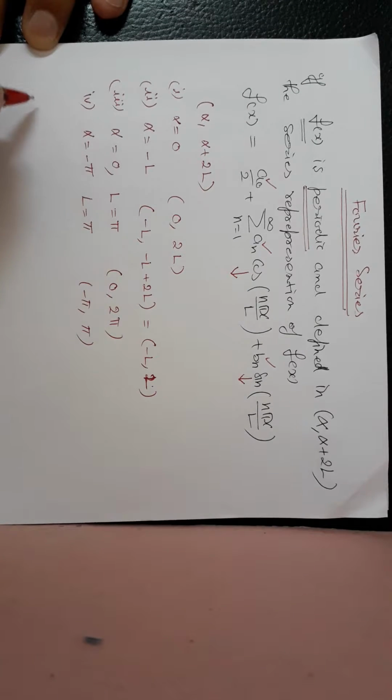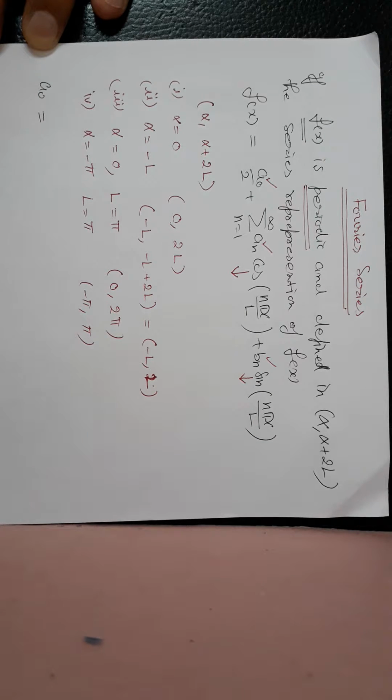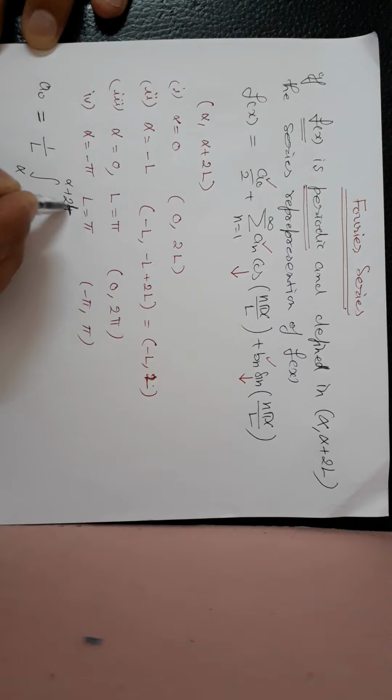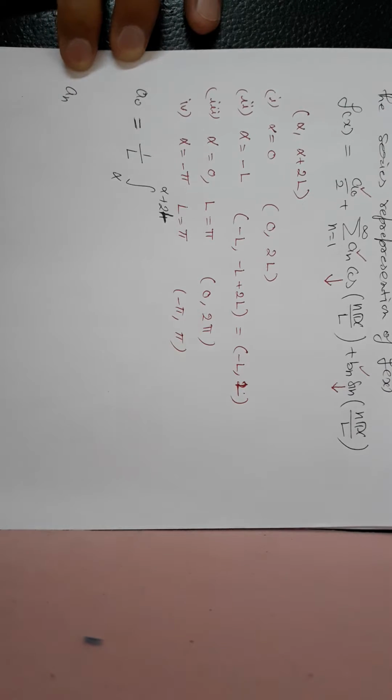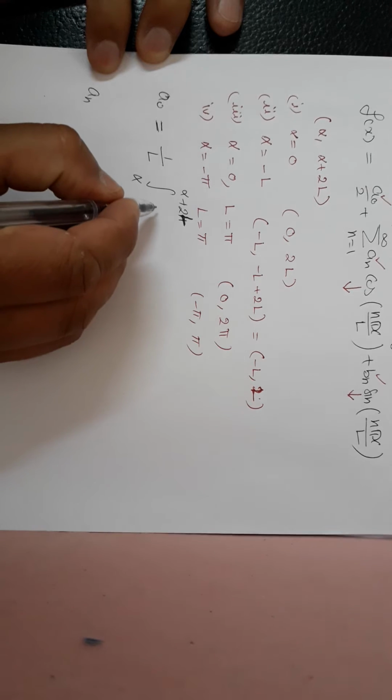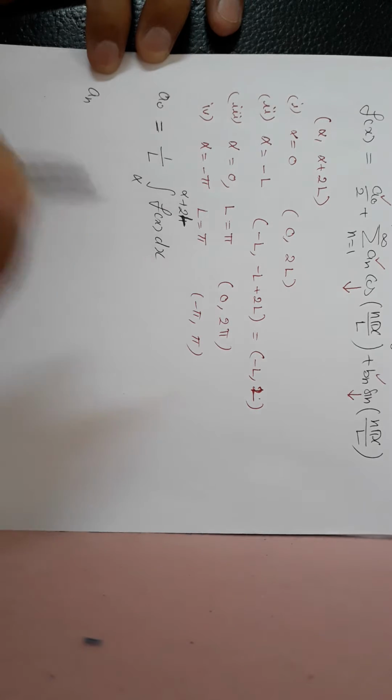Here these Fourier coefficients a naught, a_n and b_n assume the following values. The coefficient a naught can be written as 1 upon l, integral from alpha to alpha plus 2l, f(x) dx.